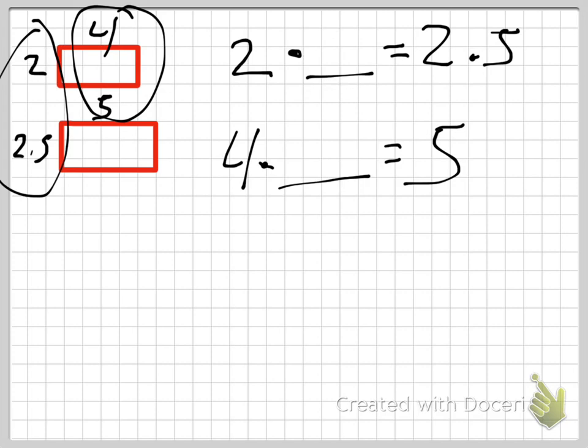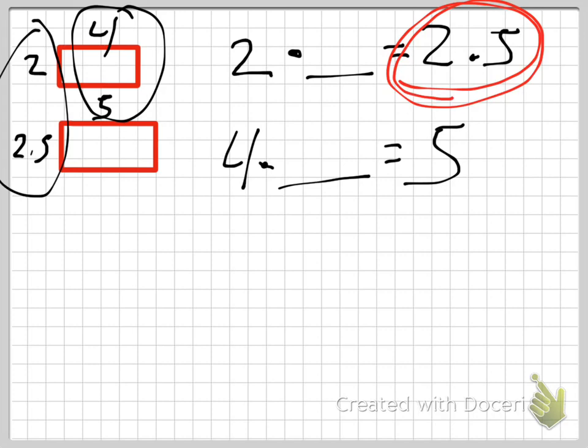So what we can do if we run into this problem is we can remember that multiplication is the opposite of division, and division is the opposite of multiplication. Therefore, I can take both of these problems and I can work them backwards to solve for my blank space.